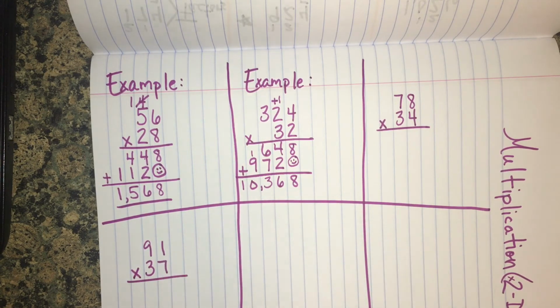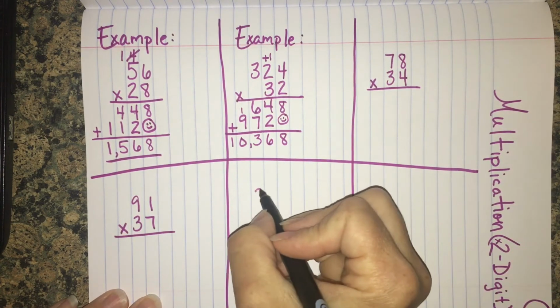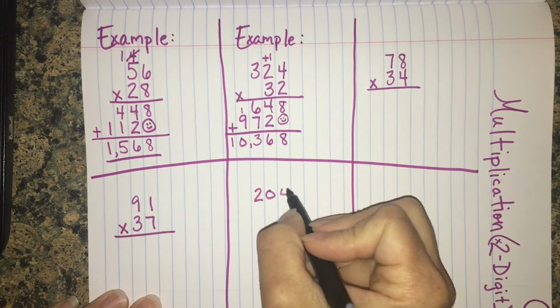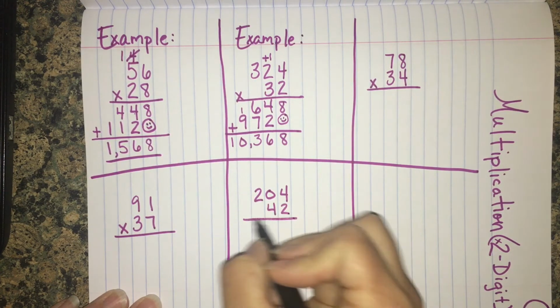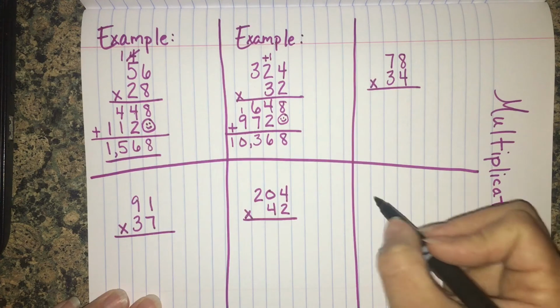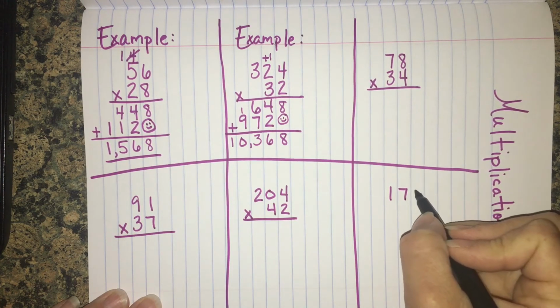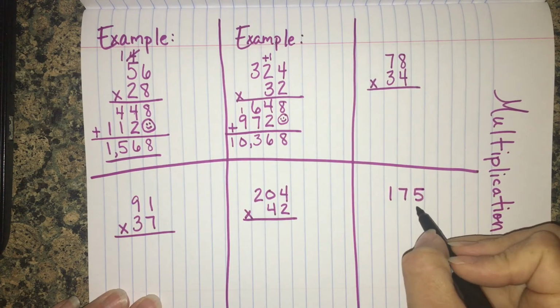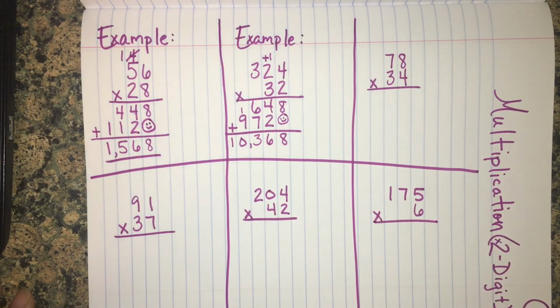We're going to do 91 times 37. 204 times 42. And 175 times 6. So pause the video now and then watch it through when you get your answers.